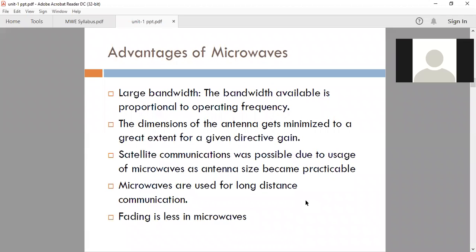Then coming to the advantage of microwaves. Large bandwidth. So the dimensions of the antenna get minimized. For more frequency, we can minimize the dimension of the antenna to a great extent for a given directive gain.